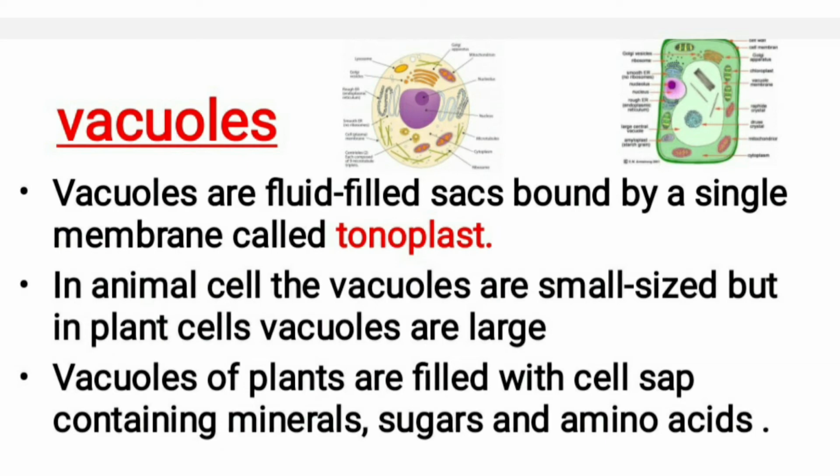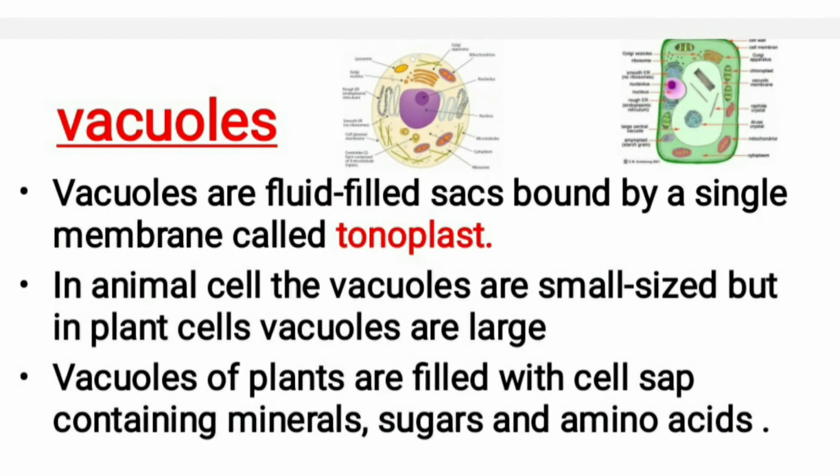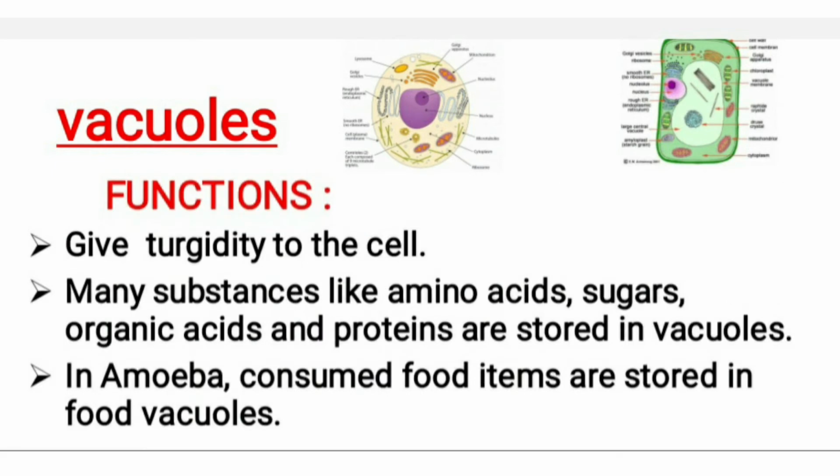Vacuoles of plants are filled with cell sap containing minerals, amino acids and sugars also. Vacuoles are full of cell sap and provide turgidity and rigidity to the cell in plants.